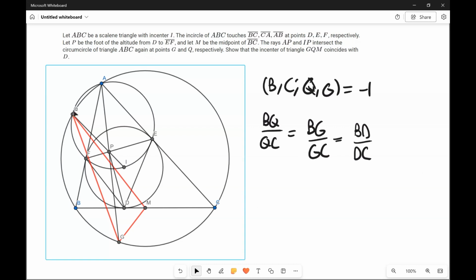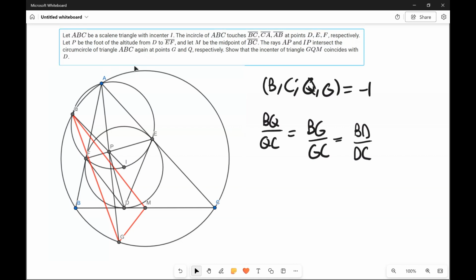And we already know that QD bisects angle BQC because of the properties of this point Q stated in the last video. And therefore, QD bisects angle GQM and GD bisects angle QGM. And this implies that the incenter of GQM is D. And this solves our problem.